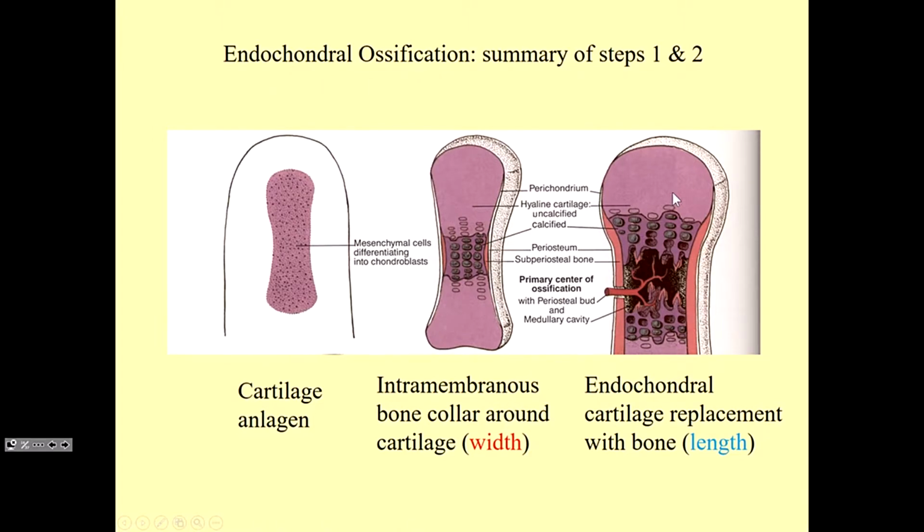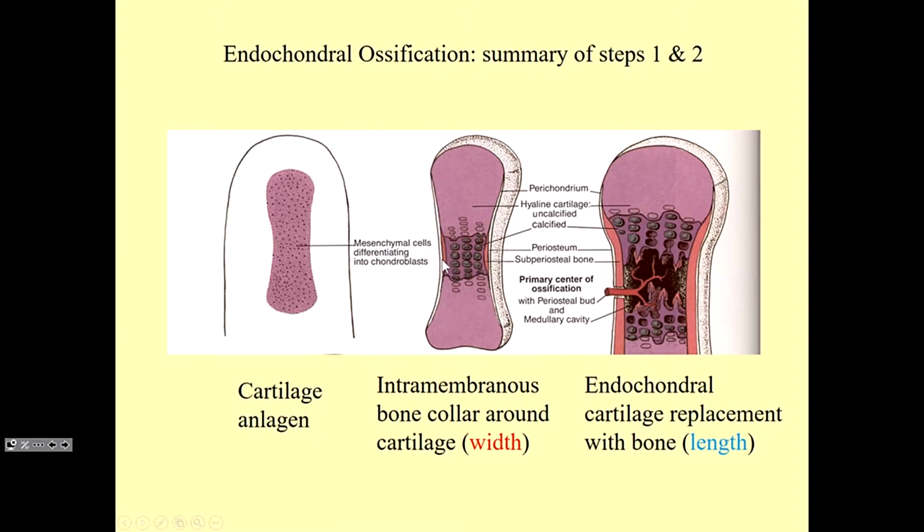So here we see this again. Here's our cartilage template. Here we see the bone being formed by an intramembranous mechanism. So the intramembranous formation is actually more responsible for increasing the width of the bone, because you're getting this collar formed around the perimeter and it gets thicker and thicker.